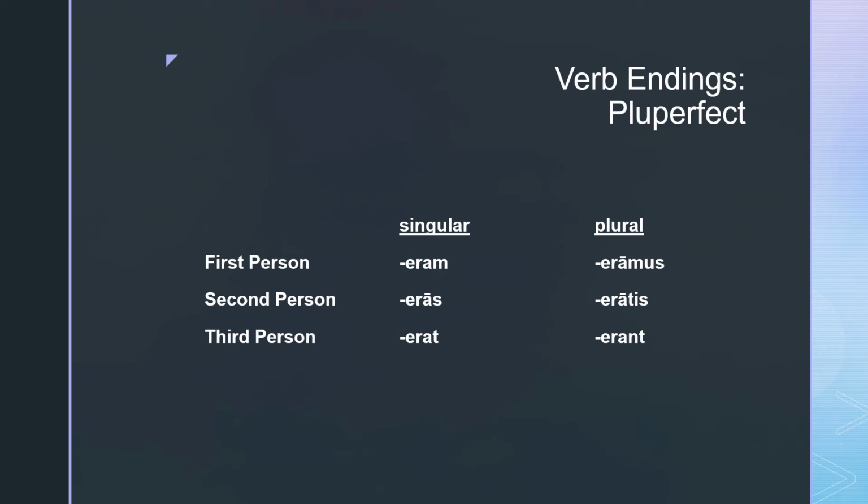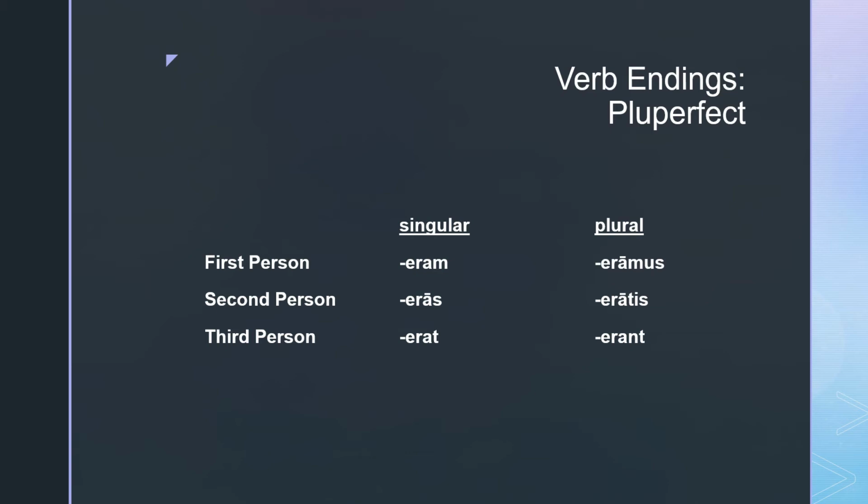And now your pluperfect. You might be saying, again, it's changed, but the pattern is still there. M, S, T. MUS, TIS, NT. Now, also, if you are paying very close attention to these pluperfect endings, you will notice that you have seen these before, but you have seen these endings as a verb, as the imperfect of the verb to be.